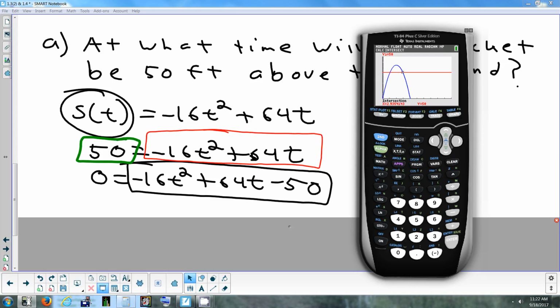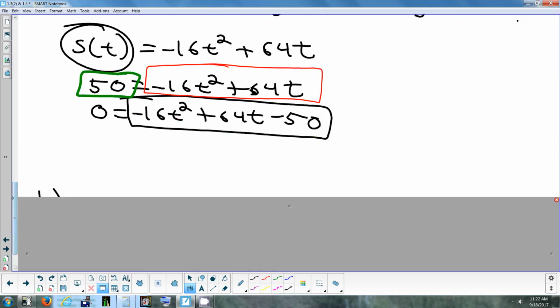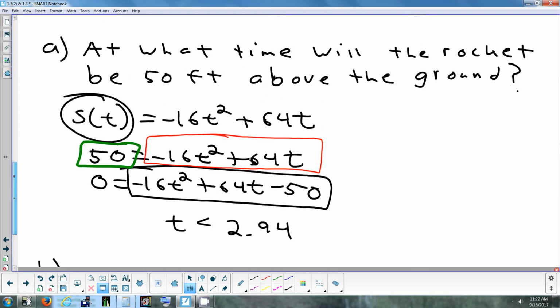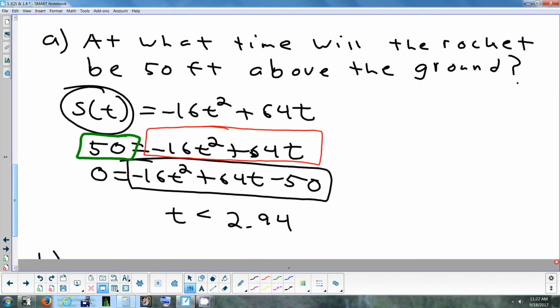And on the way back down, the object is going to hit 50 feet at 2.94 seconds. So when will the object be 50 feet above the ground? I'm going to assume that it means 50 feet or higher, because it says 50 feet above the ground.